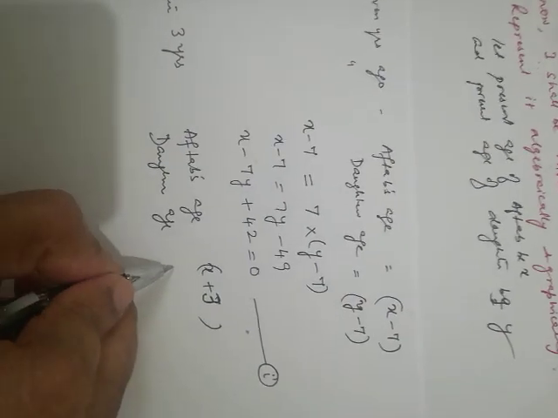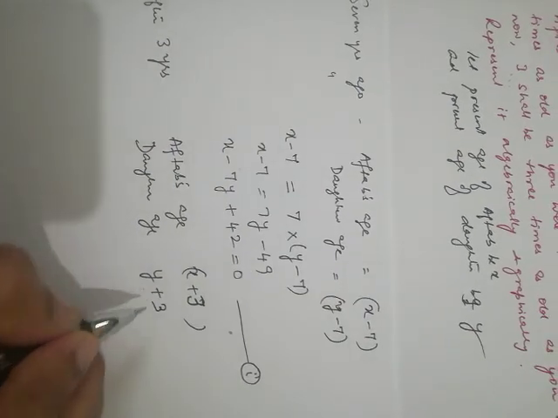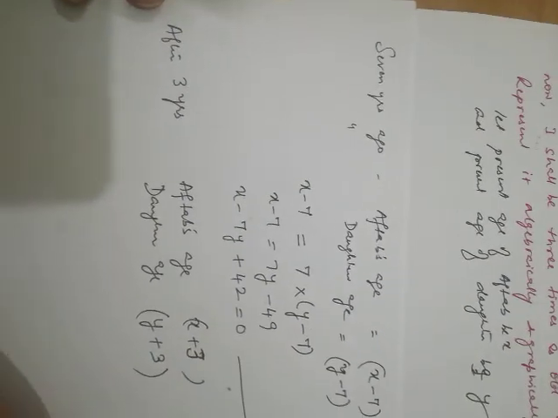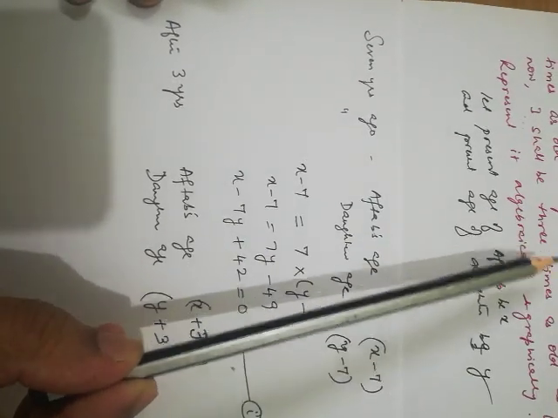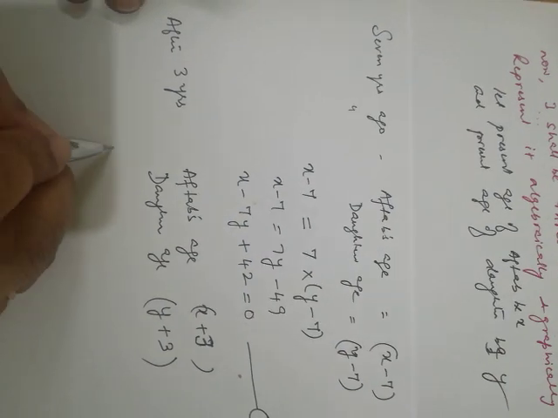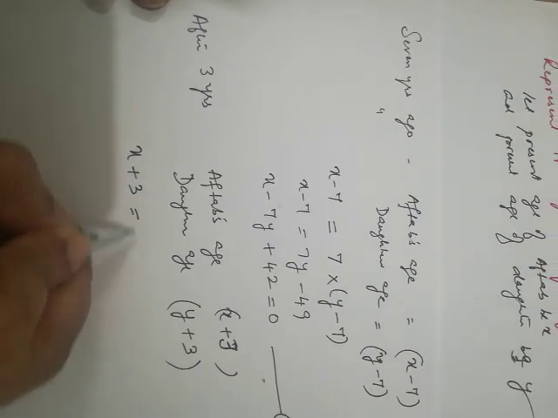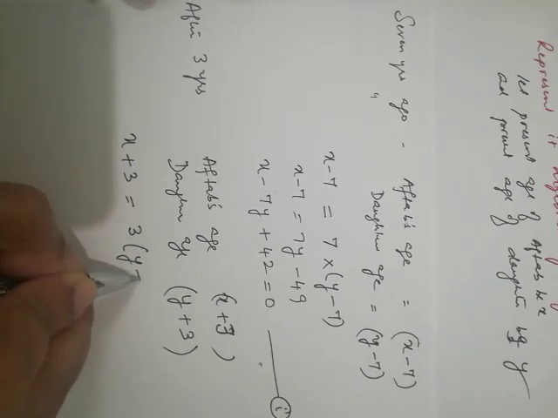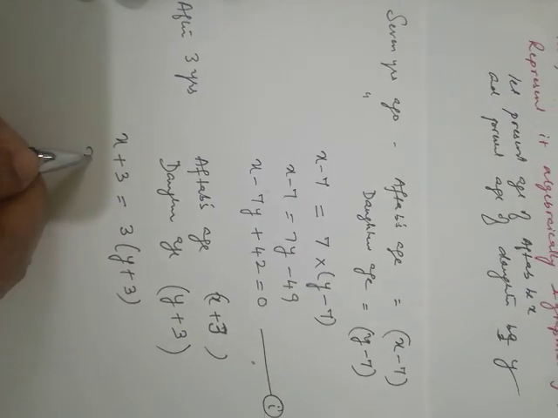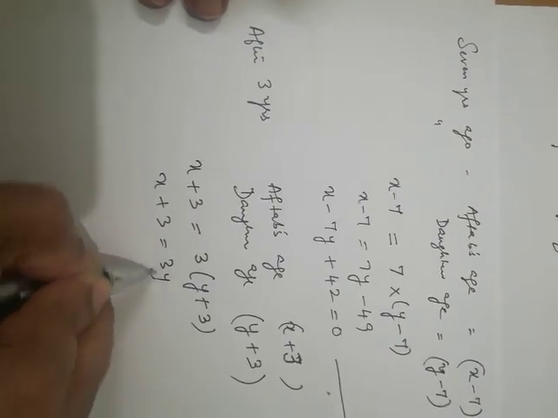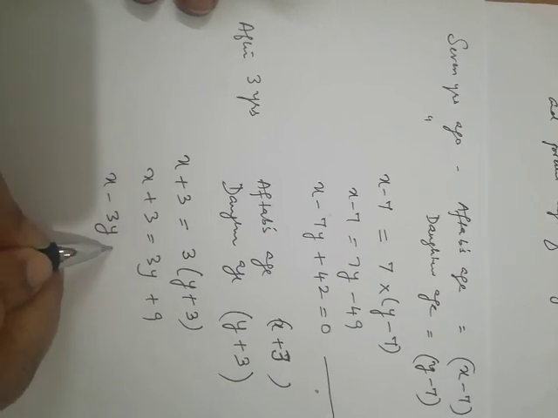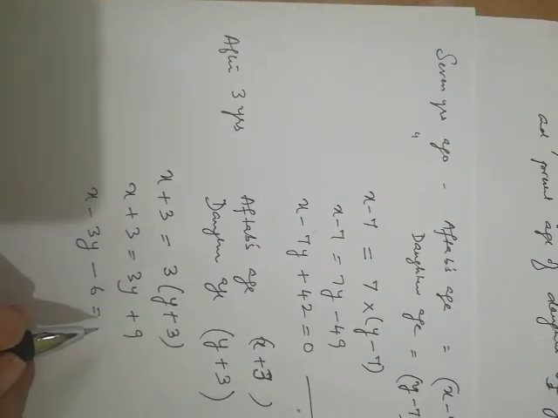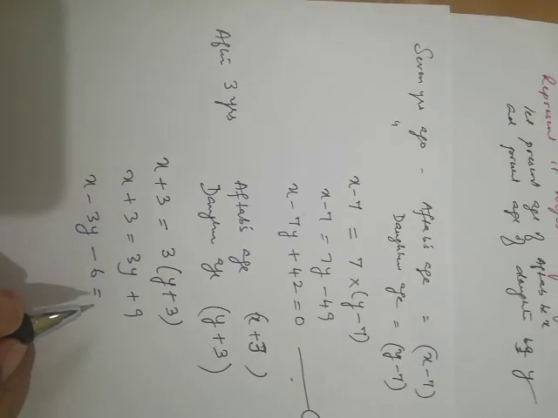And daughter's age will be y plus 3. And what is it given here? That 3 years from now, Aftab will be 3 times as old, that means Aftab's age will be 3 times that of his daughter. We will simplify and we will get x minus 3y minus 6 is equal to 0.